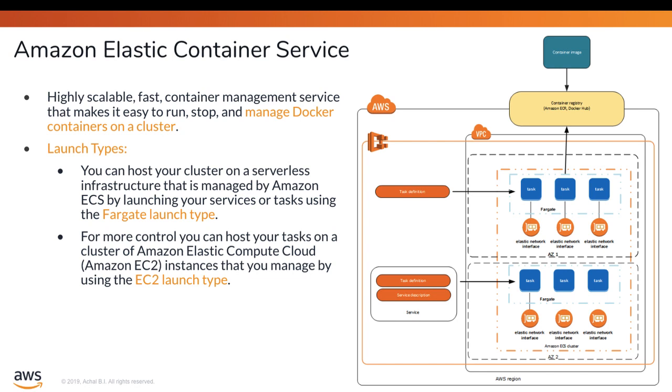So this is a very high-level picture of a representation of components where there is a service, and there is a task definition written. This complete picture is an ECS cluster, which is part of one VPC. It has many tasks within these ECS clusters, and an ENI is attached to each task.